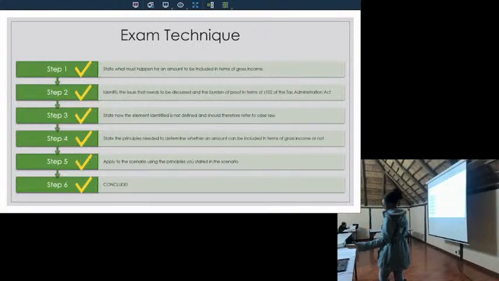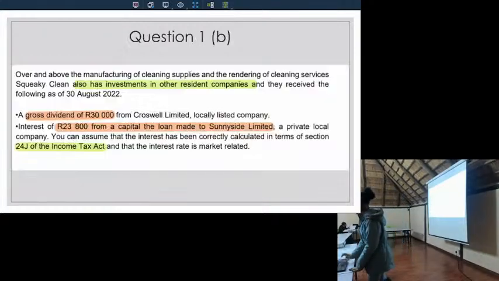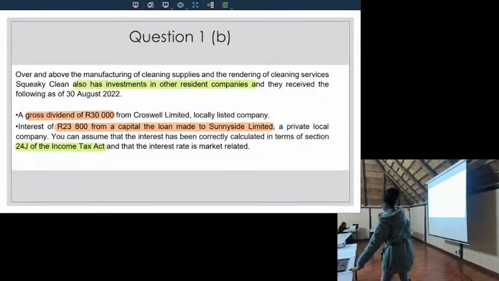Exam technique. Thing is, there's no time, but we covered everything here. Are we good? We conclude, we get marks, we're good to go. So question 1(b), remember it asked about normal tax implications for the 30,000 dividend that was received and the interest that was received.